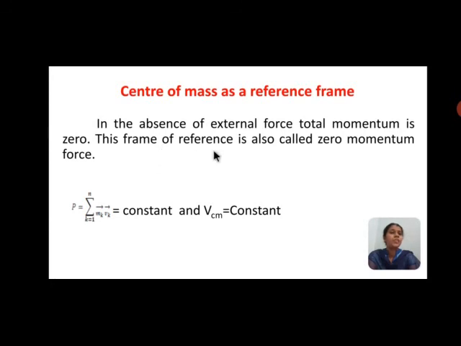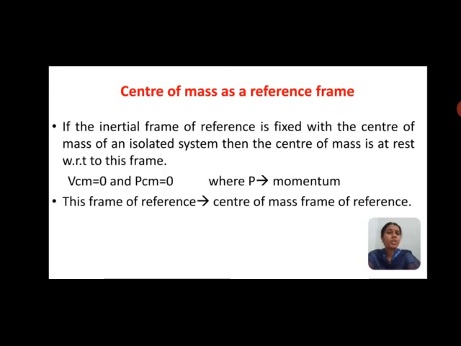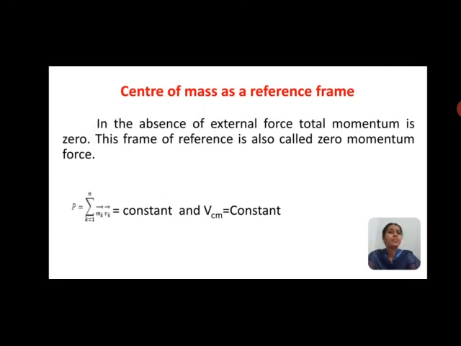So this frame of reference is also called the zero momentum frame, because P is constant or else V is constant. Both are constant here, or else both are 0. Therefore sometimes the center of mass as a reference frame is also known as the zero momentum frame, in the case of absence of external force, where the total momentum becomes 0.